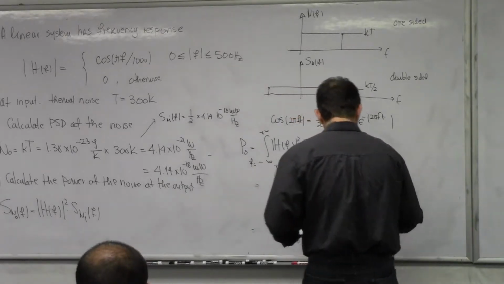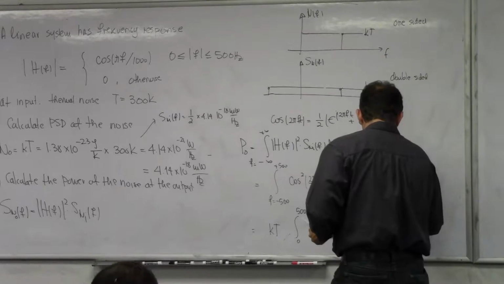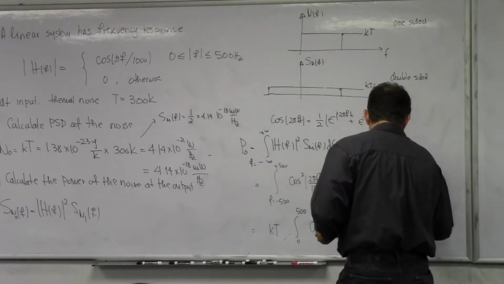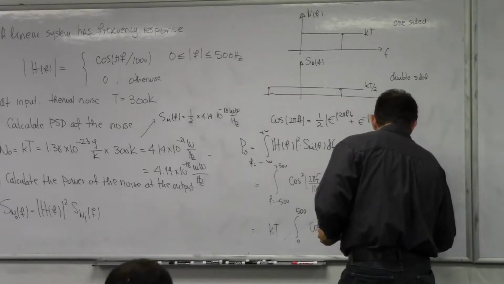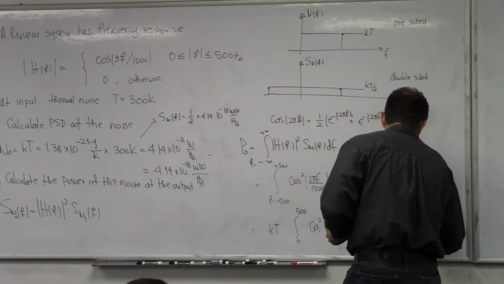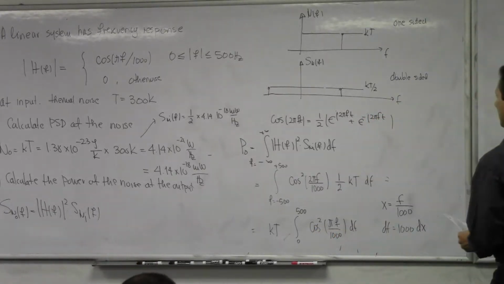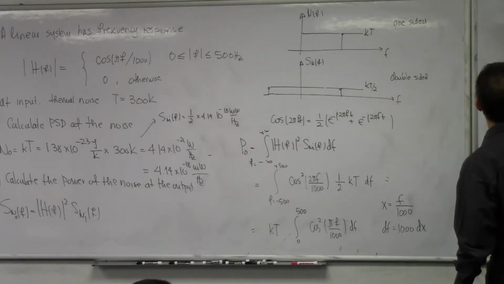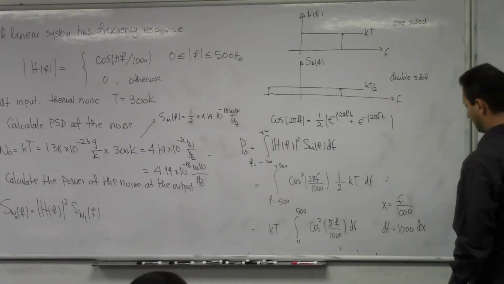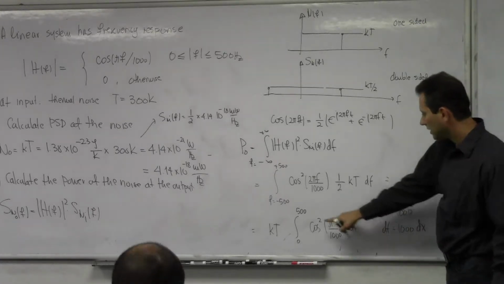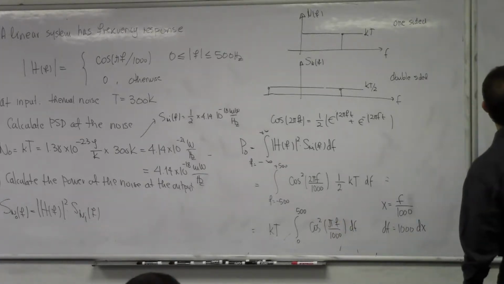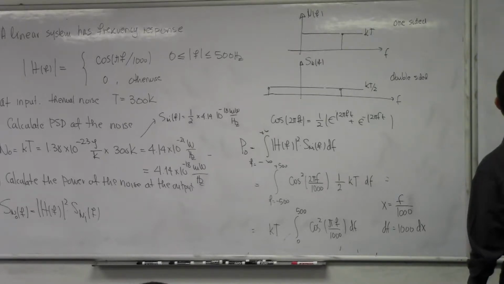And I'm going to introduce now a substitution: x is equal to f over 1000. Therefore, df is equal to 1000 dx. So the output power becomes 1000 times kT times the integral.